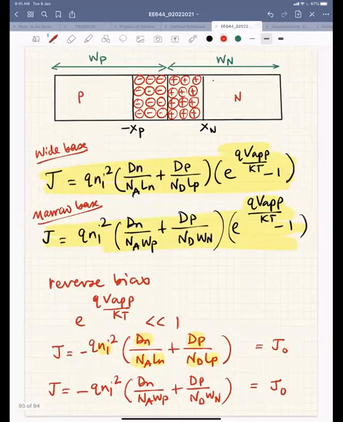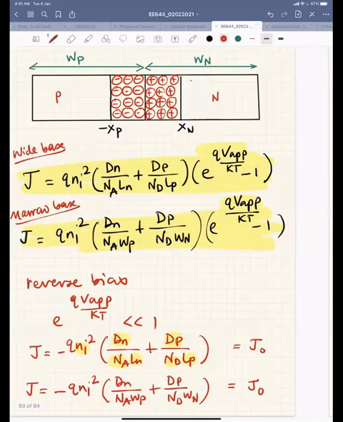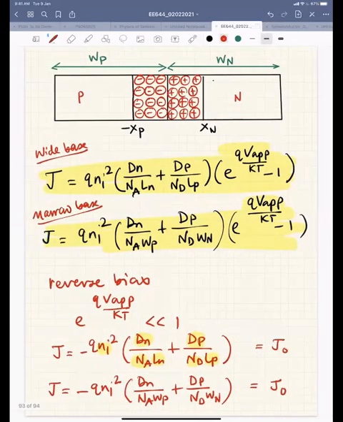But this current will depend on ni, your intrinsic carrier concentration, and also the doping of the p side and n side. If you have lower or higher ni, your current will change accordingly. In the case of germanium, your intrinsic carrier concentration is higher, so your reverse saturation current will be higher compared to gallium arsenide, where your ni is much lower.